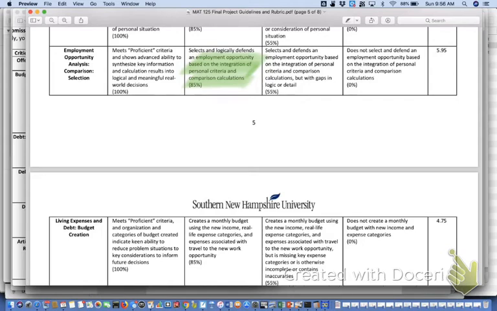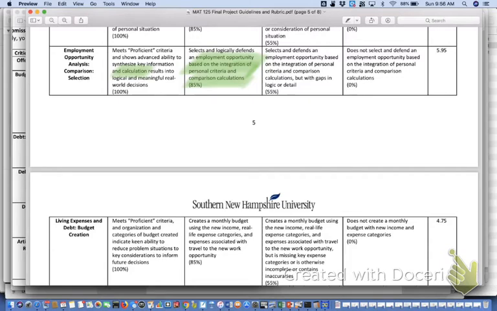Before you were able to just say, I choose this. Now you need to say, I choose this because. And you will also notice that they've used the word calculation in here. I'm not necessarily asking you to say, I chose the assistant tutor, and here are a bunch of math equations to justify why I picked it.